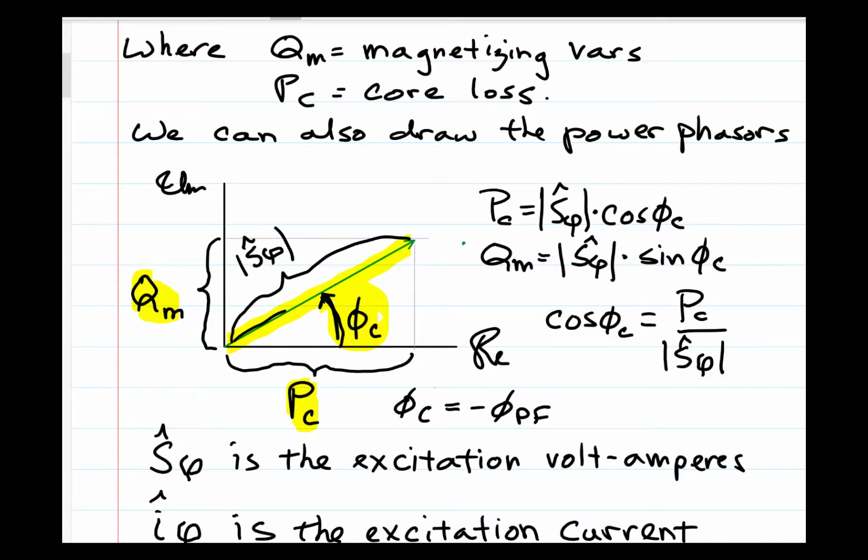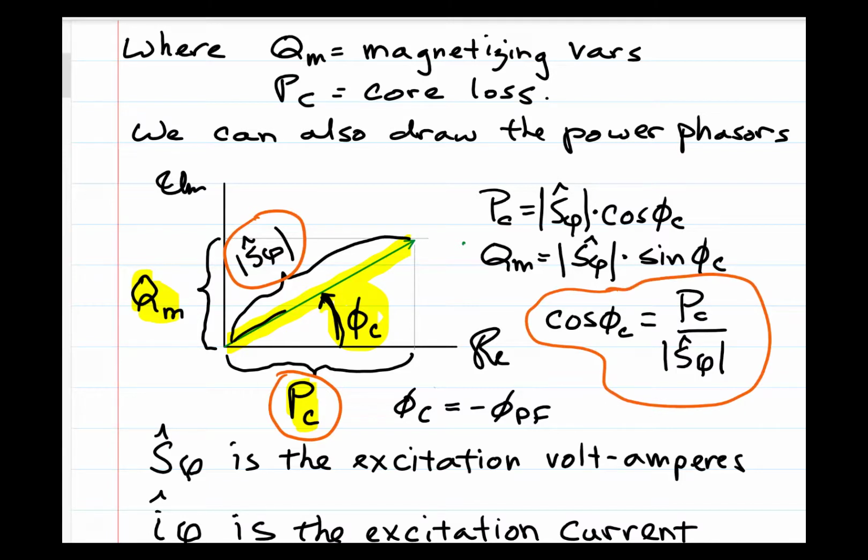We recognize that we could have just measured instead the power and the volt amperes. If we did that, then cosine phi sub c could be found as the ratio of the input real power to the volt amperes.